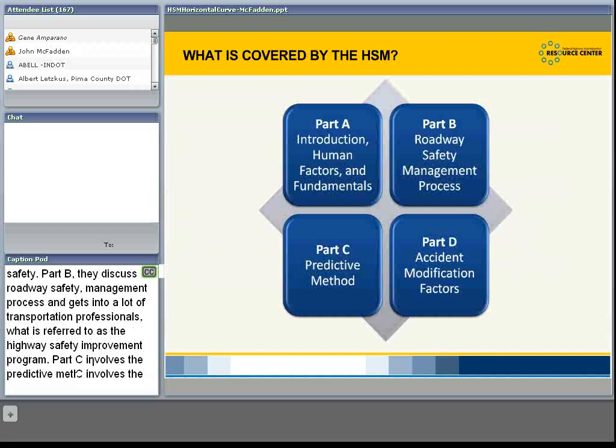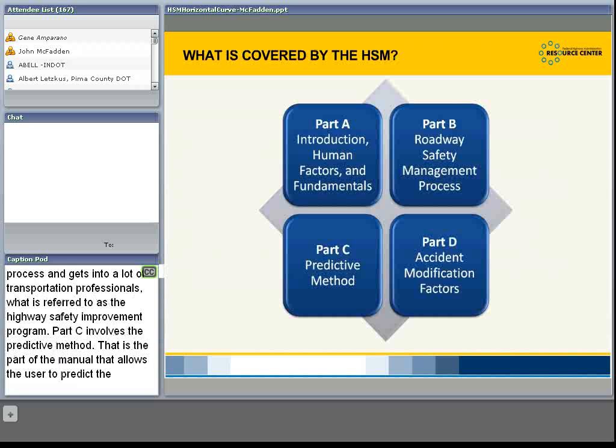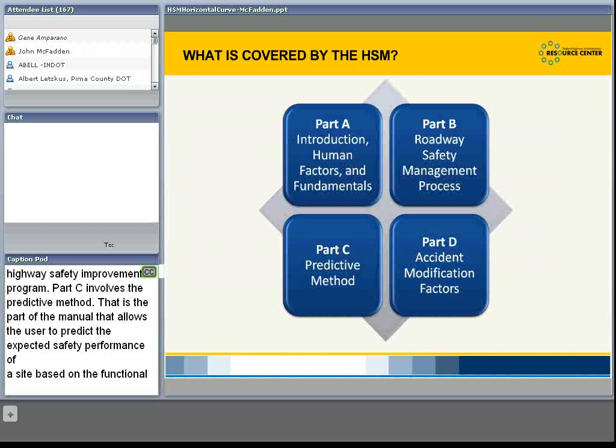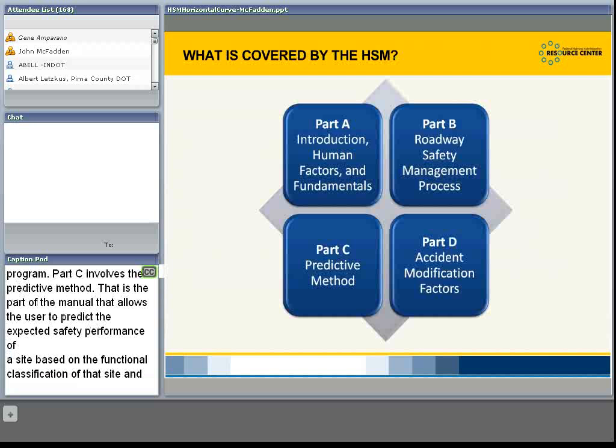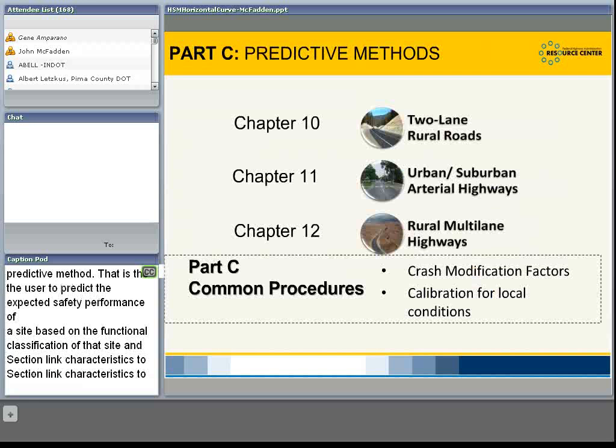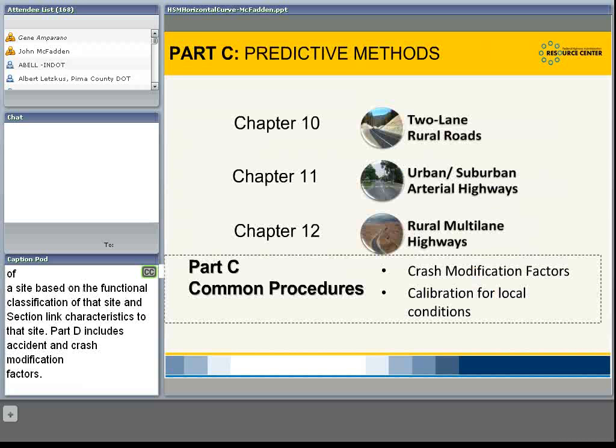Part C involves the predictive method. This is the part of the manual that allows the user to predict the expected safety performance of a site based on the functional classification of that site and specific ADT and section length characteristics of that site. And then Part D involves accident or crash modification factors.